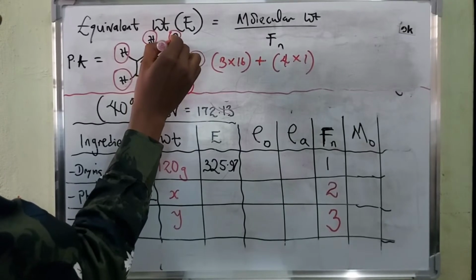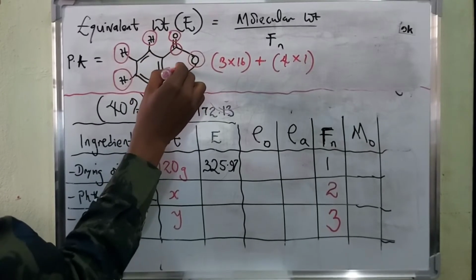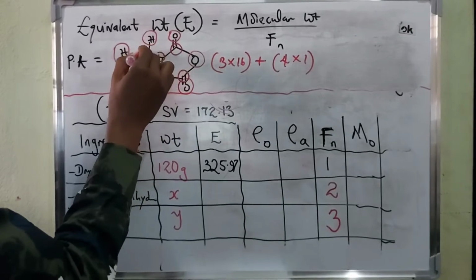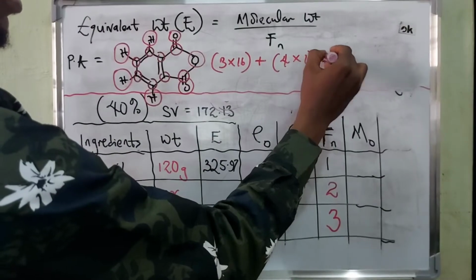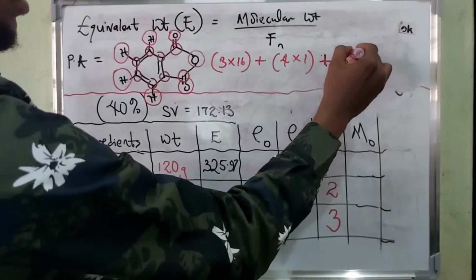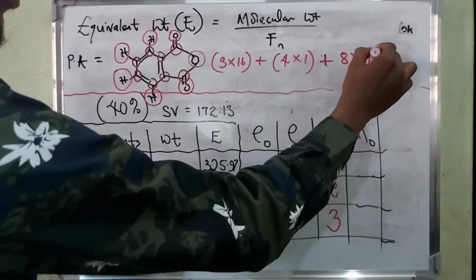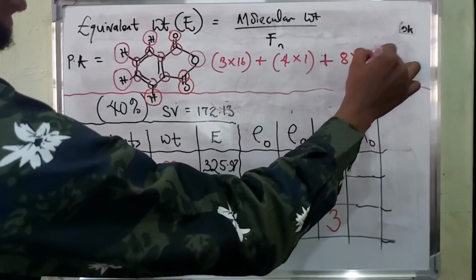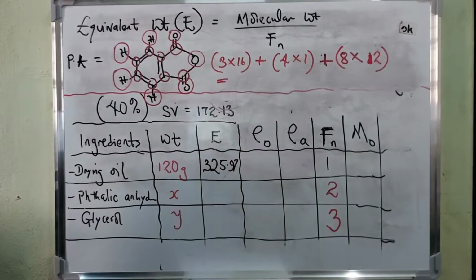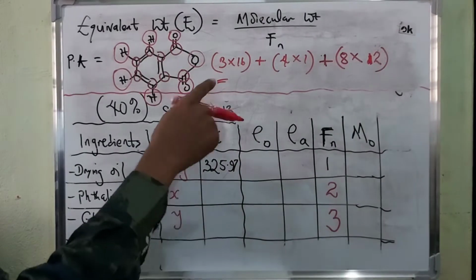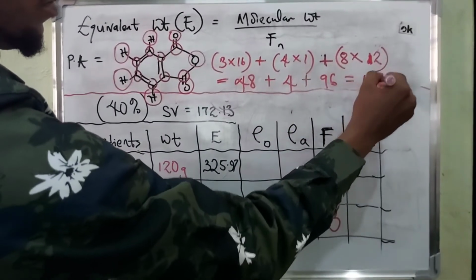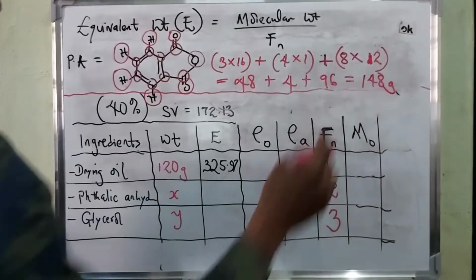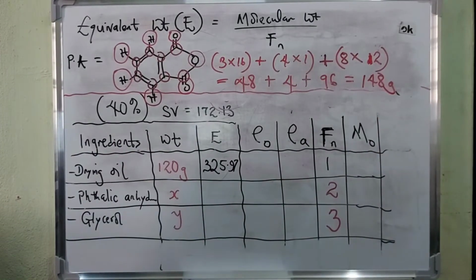We have 1, 2, 3, 4, 5, 6, 7, and 8, so 8 times 12, 12 grams for a carbon atom. Once you do this correctly, you get 148 grams. So this is our molecular weight for the phthalic anhydride.